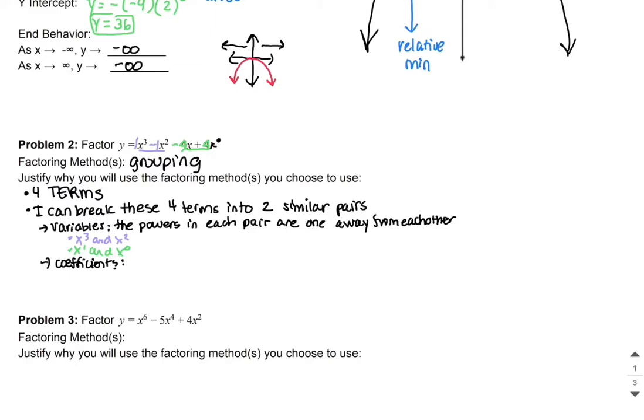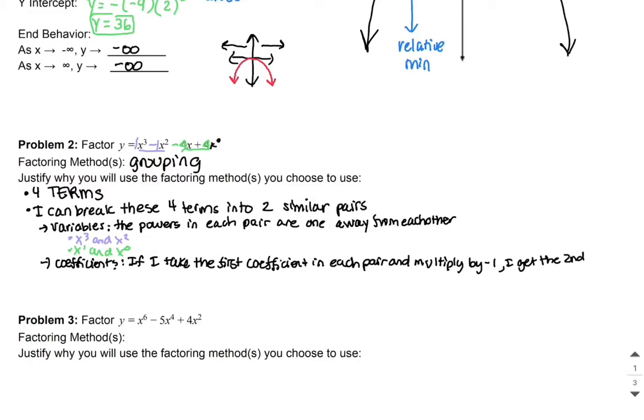So I can also say that the second coefficient in each pair is -1 times the first coefficient in each pair. If I take the first coefficient in each pair and multiply by -1, I get the second coefficient.